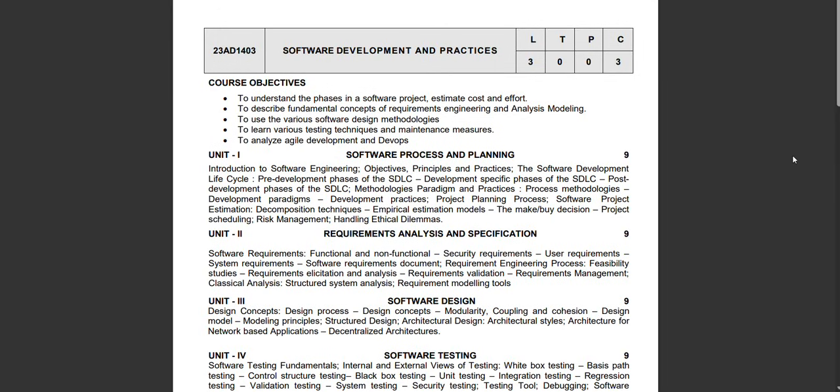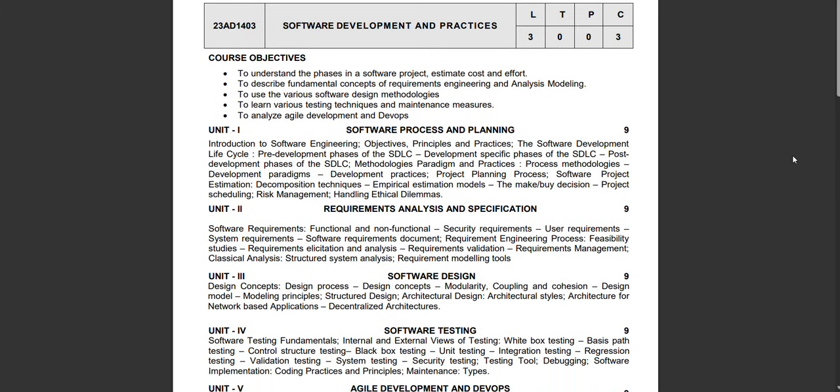Then, how the clients utilize it and what the pipelining is, like cloud computing, maintaining a central processor server that helps, and how the users can use the project. Also, various development operations are available, which we call DevOps, and they should be implemented properly and very carefully. So these are the course objectives for Software Development and Practices.